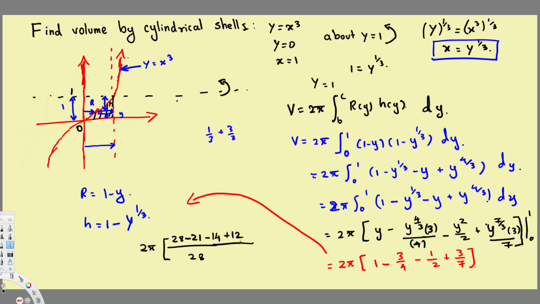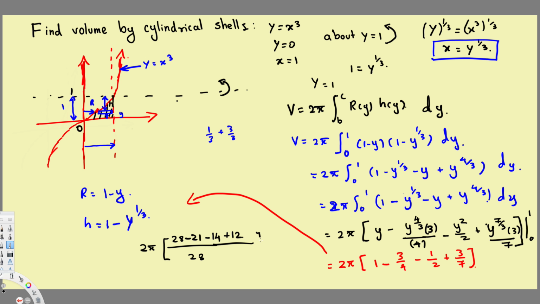So let's add them together and see what we get. 28 plus 12 is 40, 40 minus 21 is 19, 19 minus 14 is going to be just 5.